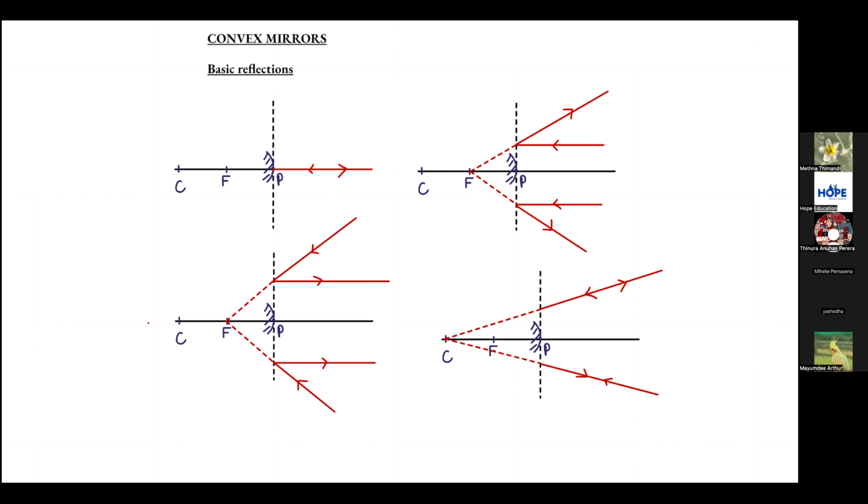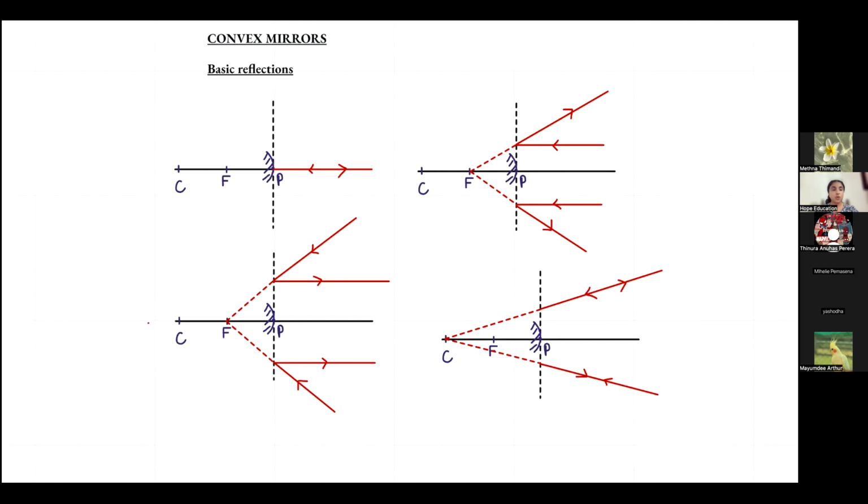How many ray diagrams did we draw under concave mirrors? Yes, we did 5. But good for all of us, in convex mirrors, we only have to learn one ray diagram. So we learned all the basic reflections. Using these basic reflections, we only have to draw one ray diagram.